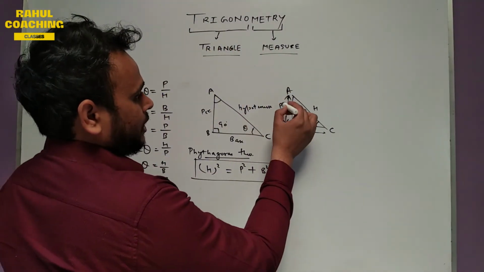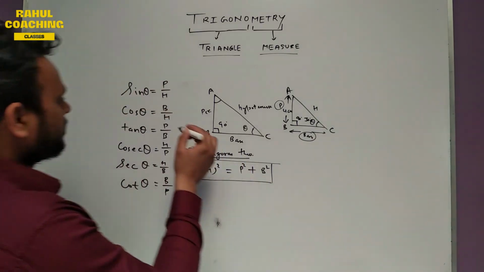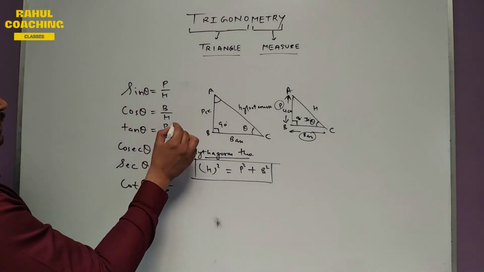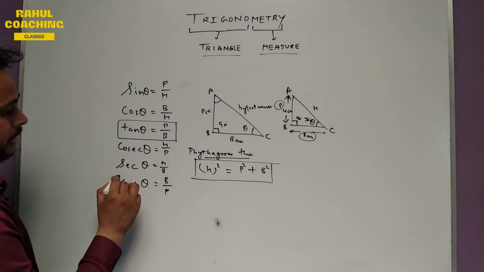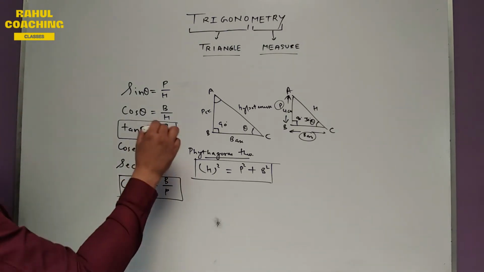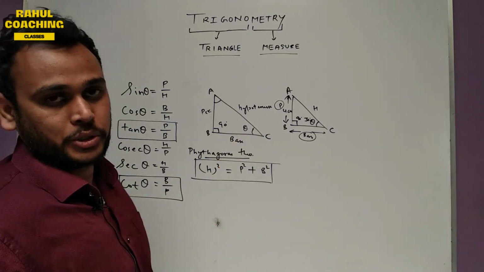So there is a relationship between P and B. You can see that the relationship between P and B is given in tan theta or cot theta. You can use either formula to solve your question.